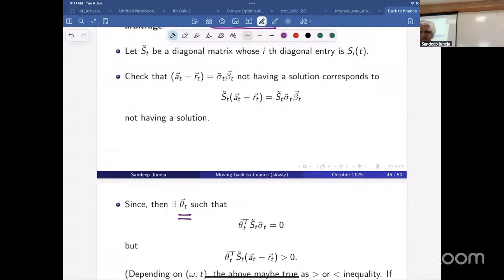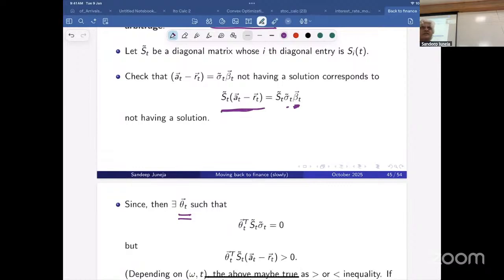Then there exists an adapted theta t such that theta t is in the null space of S tilde t sigma t, right? It's perpendicular because what we are saying is that there's no linear combination of these guys which includes this vector. The span does not include this vector.